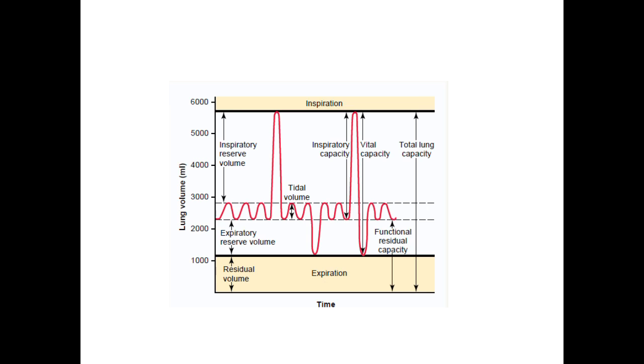Vital capacity means maximum amount of air which you can expire after maximum inspiration, or vice versa. And this is called as inspiratory capacity, means maximum amount of air you can inspire maximally after normal expiration. So these are called as lung volumes and capacities.